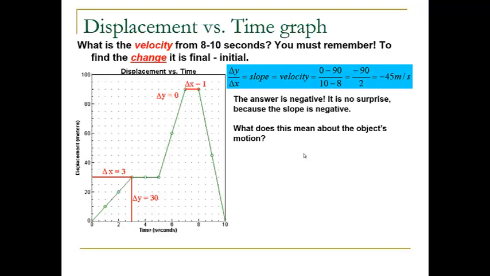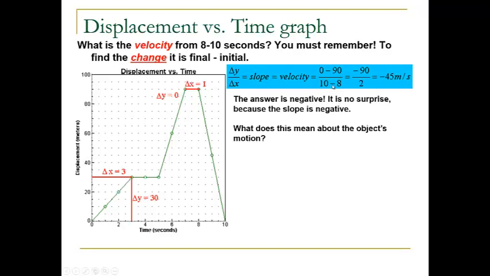You could also do your velocity for the last part, the 8 to 10 seconds. Remember that since you're looking at velocity, it's always the change in distance over time. So your final would be 0. Your initial would be the position that you start at, which would be 90.